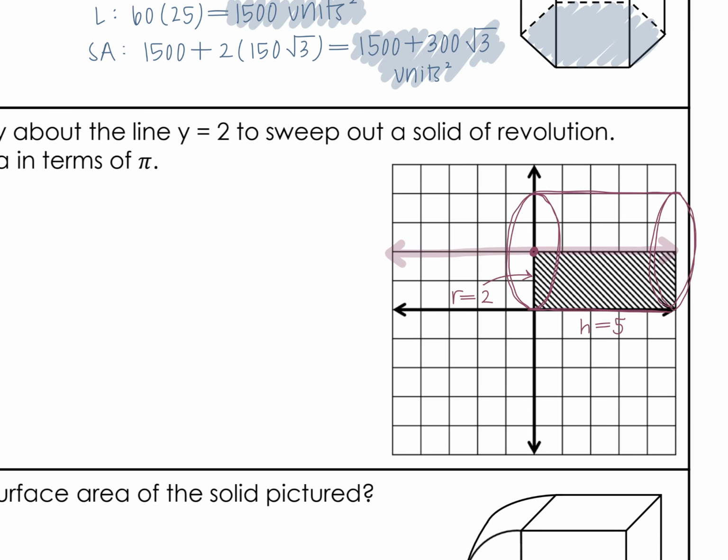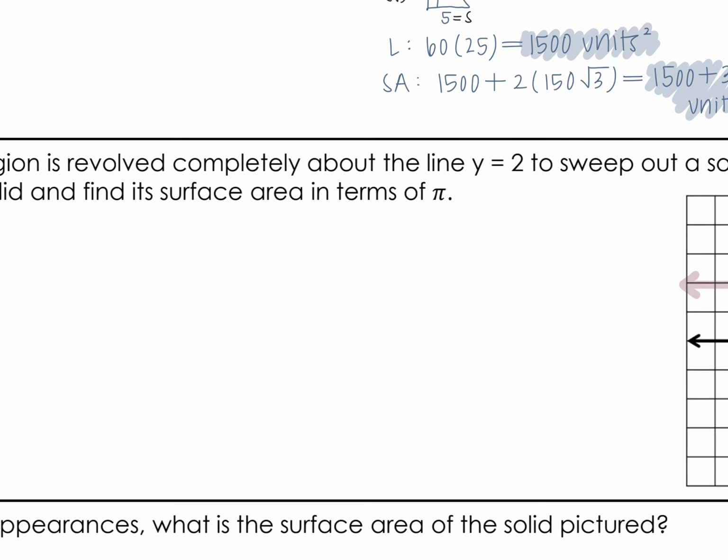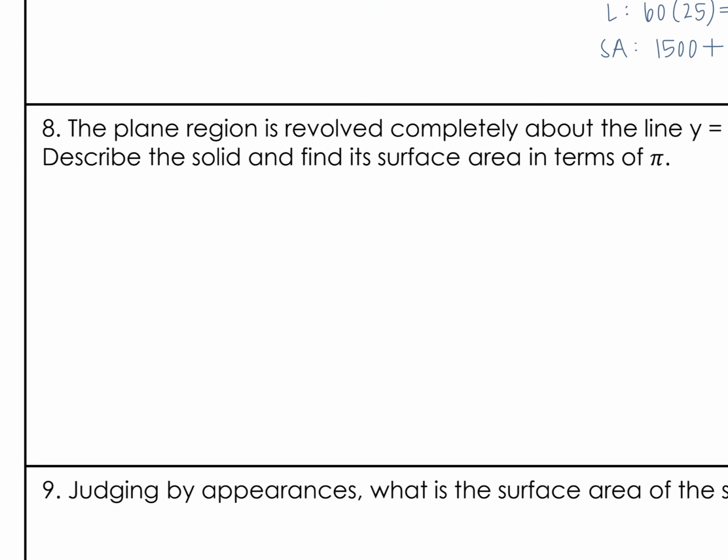All right, so now let's find our surface area. They did first ask us to describe the solid. So doing that first, we can describe the solid as a cylinder with a radius, so r of 2, and a height, h, of 5.